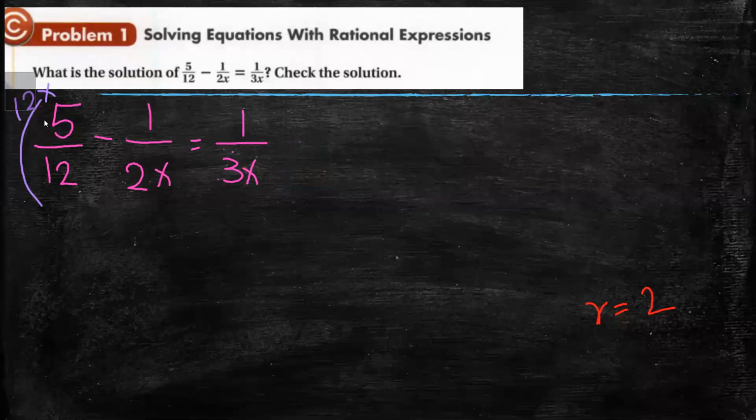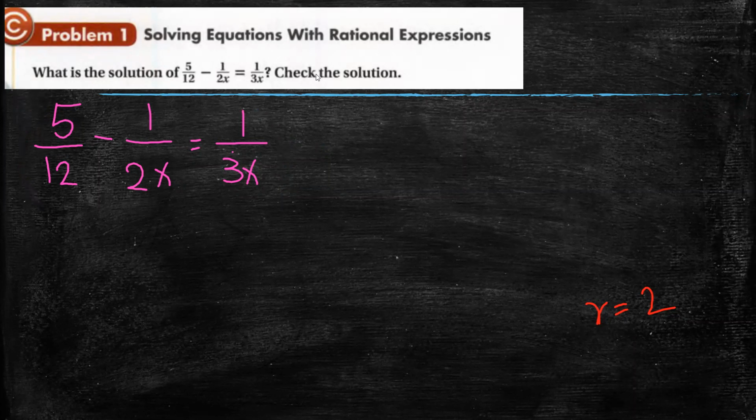Now let's check. When you want to check, substitute x with 2. Instead of x, write 2. Then let's see: is 5 over 12 minus 1 over 4 equal to 1 over 6?